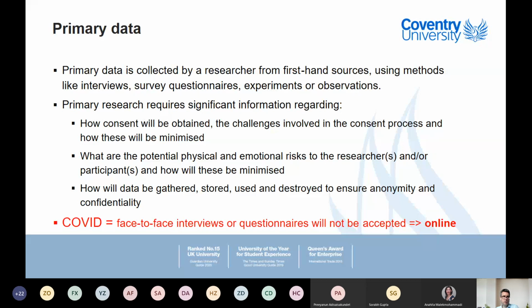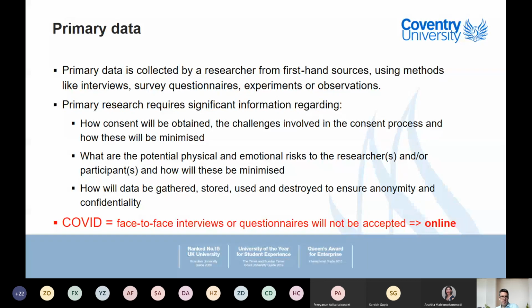And doing it might mean that you have a good end result, but in itself, having primary data is not a guarantee of having a good grade. Okay, so please don't think you need to have primary data to have an excellent or a good dissertation. You just need to have the right data and use it appropriately. And it might be that secondary data is perfect for you. It might be that primary data is more appropriate.